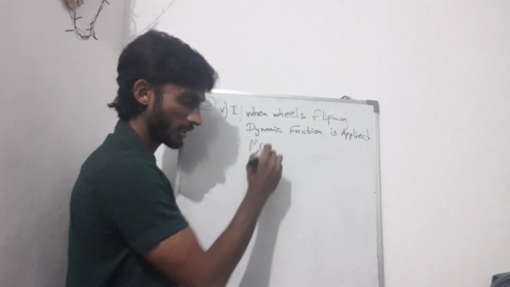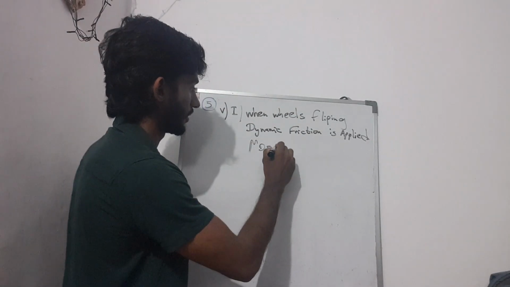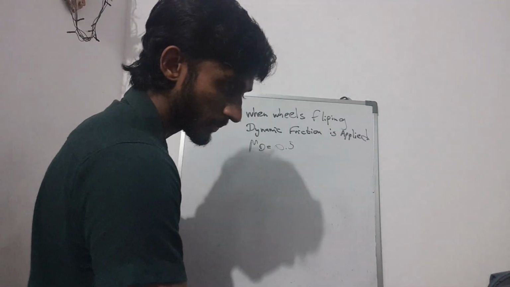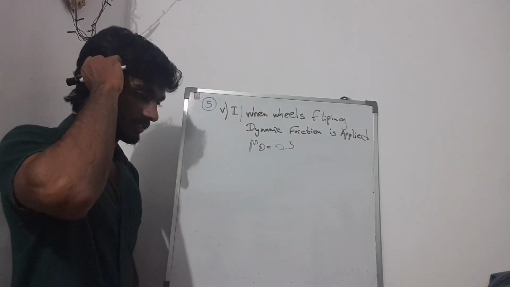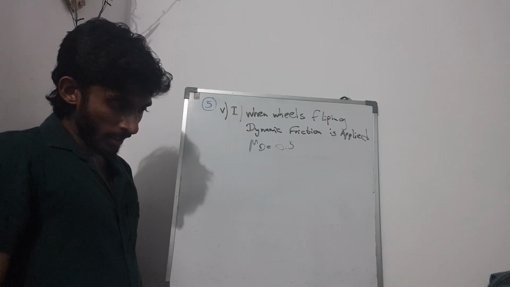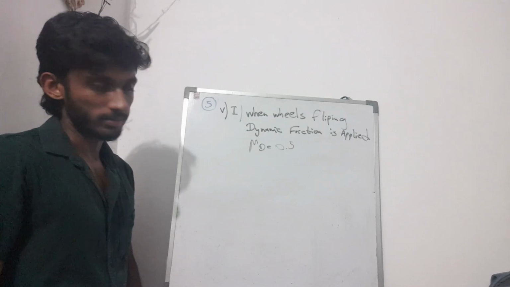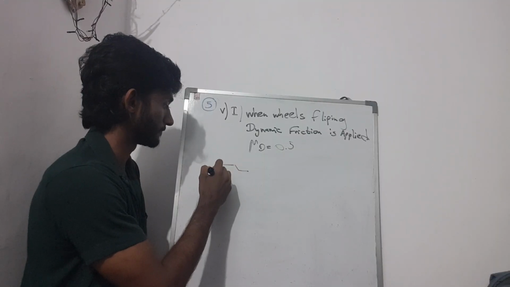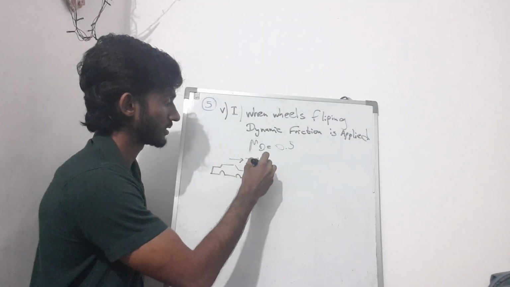Mu s is given as 0.5 from the above. In section B they give mu d. Then they ask us to state whether the car would hit the obstacle or not. The car is moving at 72 kilometers per hour.